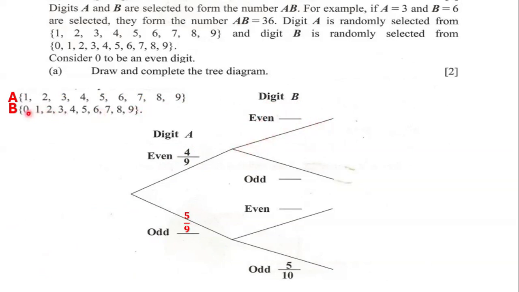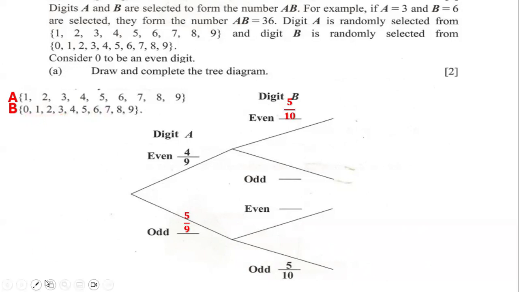And so we go to the set, and there are 1, 2, 3, 4, 5, 6, 7, 8, 9, 10 digits, right? 10 digits in set B. And so that means that we put 10 at the bottom, because there are 10 possibilities. There are 10 choices overall, okay?